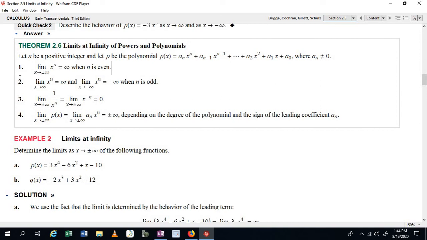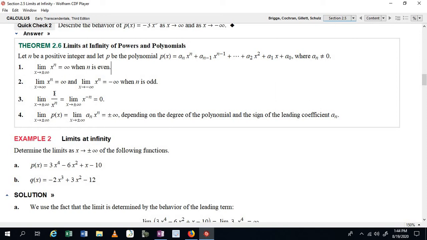Okay, so having said that, the first two statements of this theorem we already are aware of. If n is even, then the end behavior is infinity on both sides, right? As x goes to positive infinity or negative infinity, the y value is going to head towards infinity, which is up on both sides.